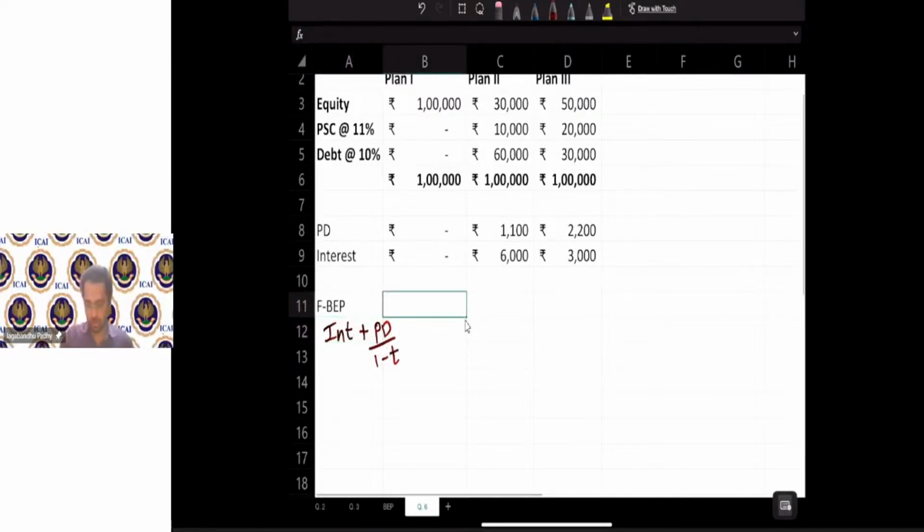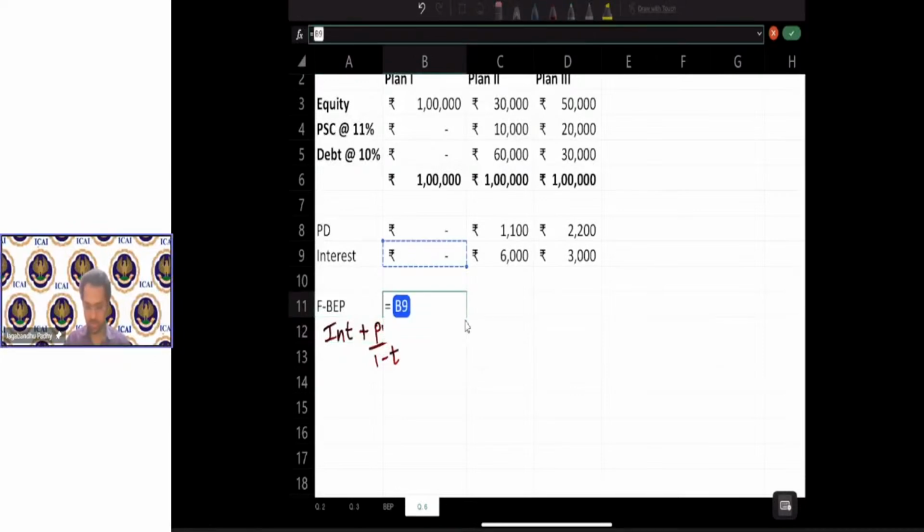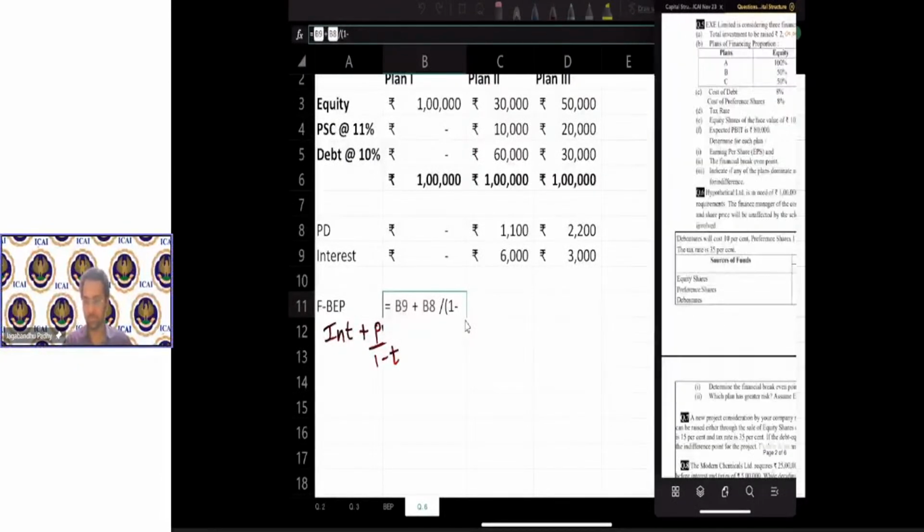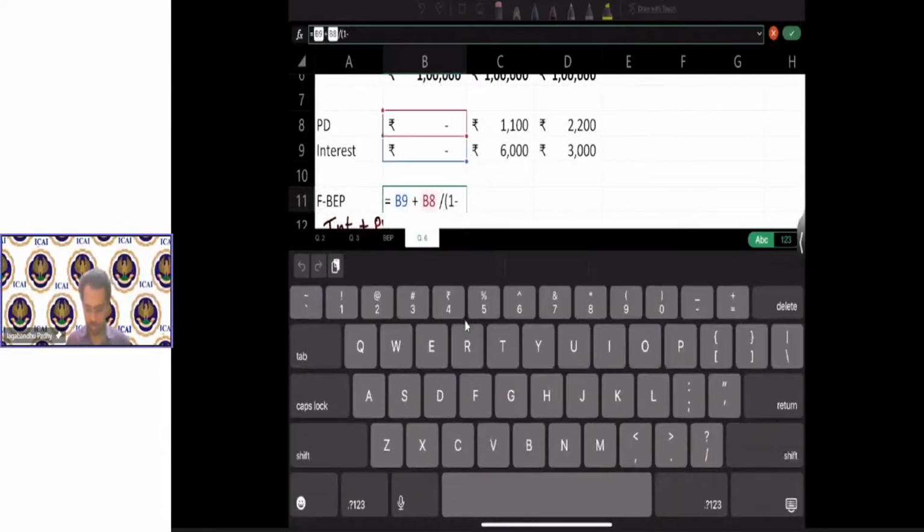So over here, it is interest plus preference dividend divided by 1 minus, what's the tax rate? Tax rate is 35%. This is 1 minus 0.35.